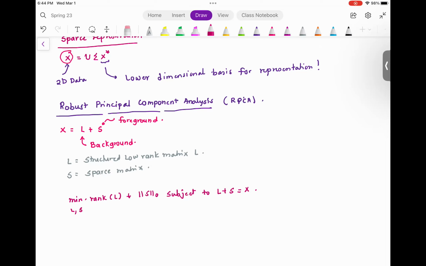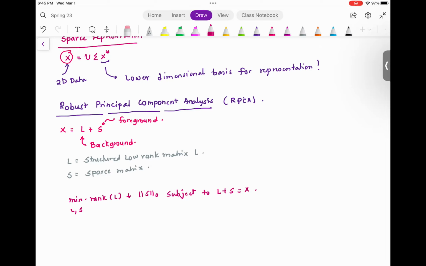To do that, you need to find the values of L and S. And how would you find these values of L and S? The constraint is L plus S equals X, which means the total data should be comprised of signal and noise. But to separately find signal and noise, we need to have this condition, which is a minimum rank condition.